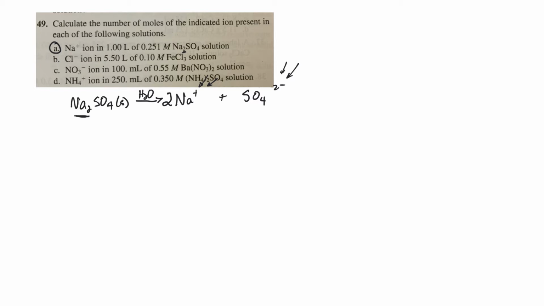Okay, so let's look at concentration first, then we'll look at moles. Here they say I have a 0.251 molar solution of sodium sulfate. If I look at this balanced dissociation equation, the numbers in front of each of the compounds or ions indicate how many moles of those things there are.